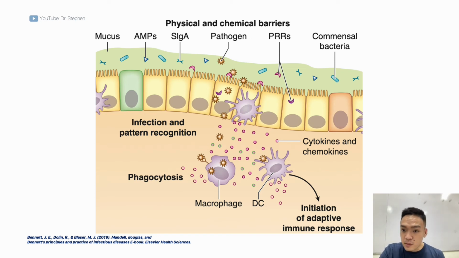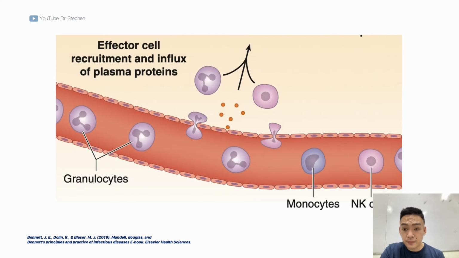The inflammatory response enables the plasma proteins, the complement, and the leukocytes to leave circulation and accumulate at the site of the infection. Moving forward, once in tissues, they become activated to eliminate invading microbes and infected cells.